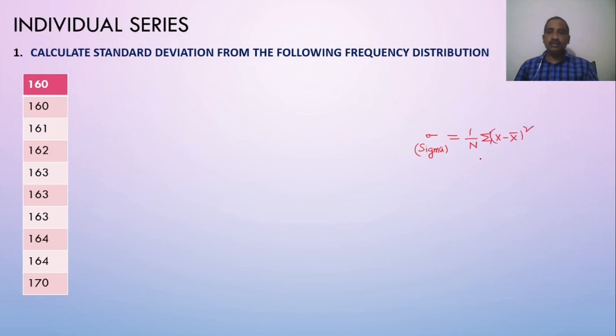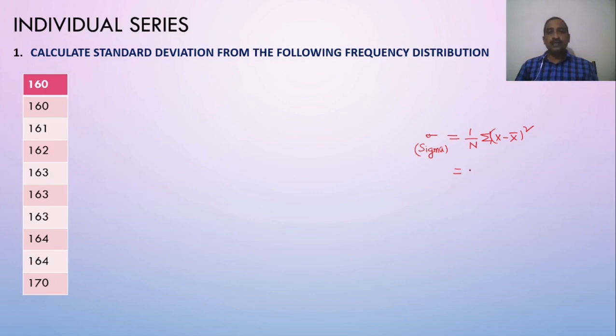Or else you can use the step deviation or deviation method. Here the interval between one variable and the next is equal, 160, 161, 162, 163, so there is no need to use the step deviation method.